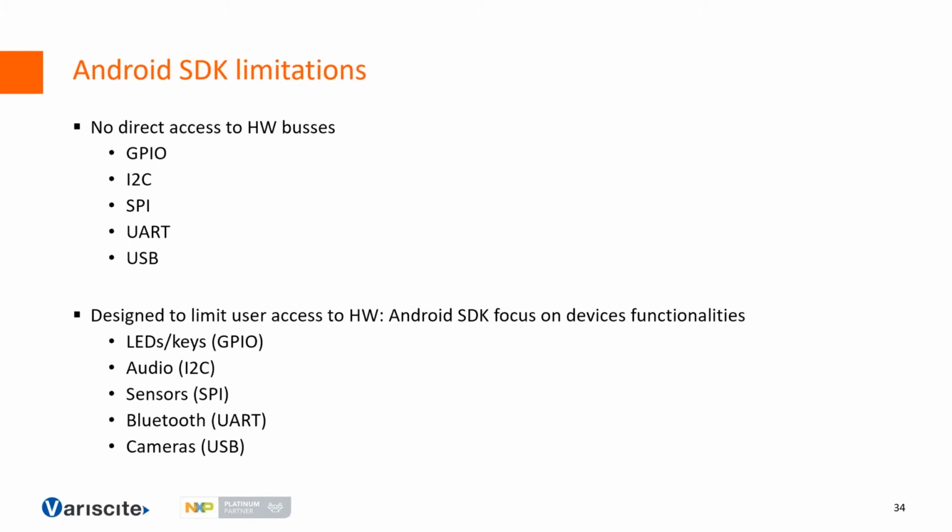So you can manage the LEDs and the keys. You can manage the audio, the sensors, the Bluetooth, and the cameras. They are connected to the buses, but the SDK abstracts the access on these buses, providing you the functionality to manage these aspects. How can this be possible? Let's start understanding how this starts from the hardware abstraction layer in the Linux kernel in the next slide.